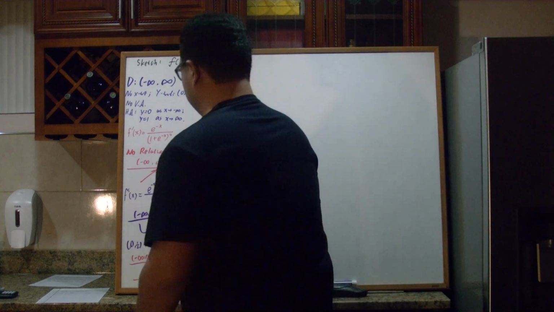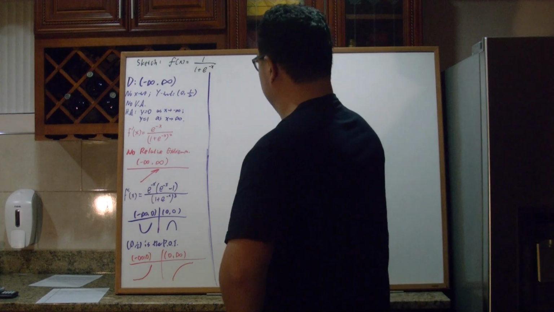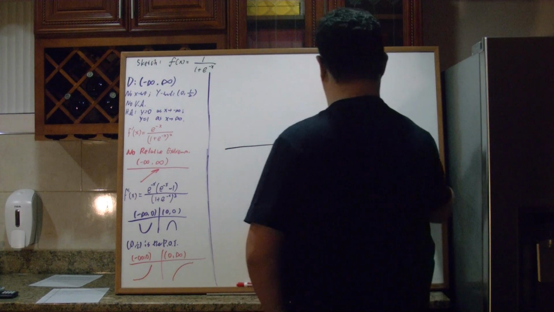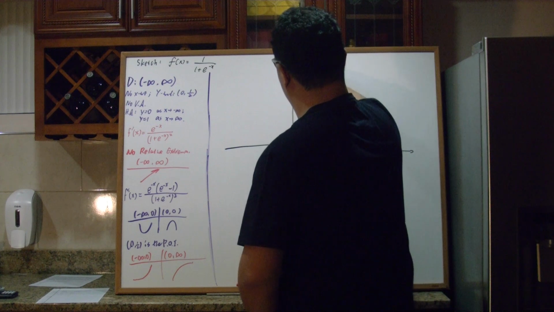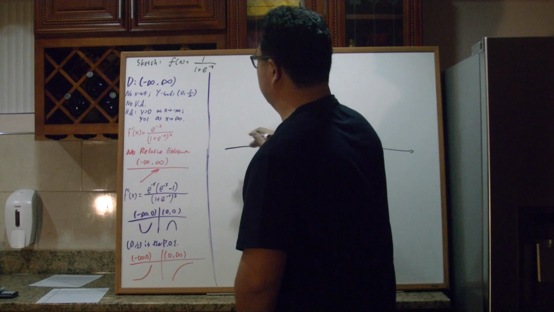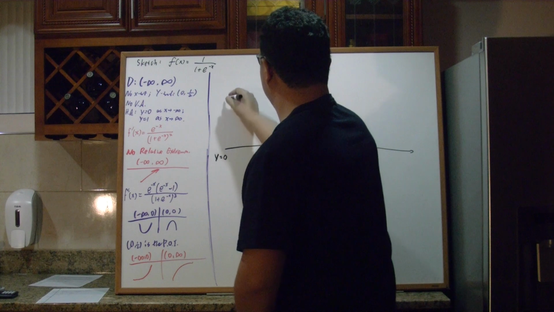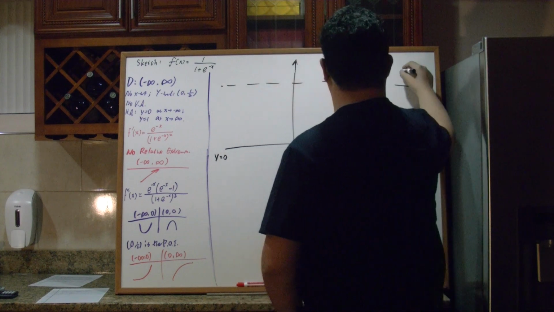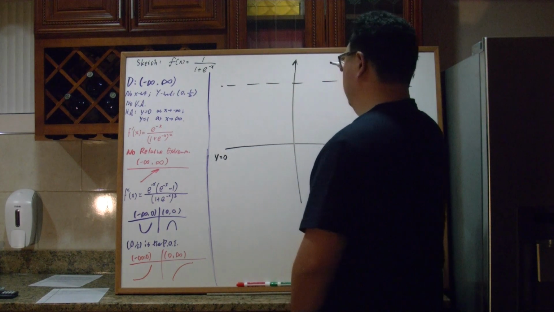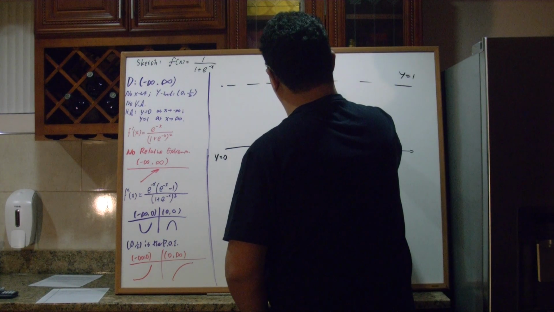Then finally, to draw the curve, we have no vertical asymptote, and the horizontal asymptotes are at y equals 0 on the left and y equals 1 on the right. We have (0, 1/2) as our y-intercept, and also the point of inflection.